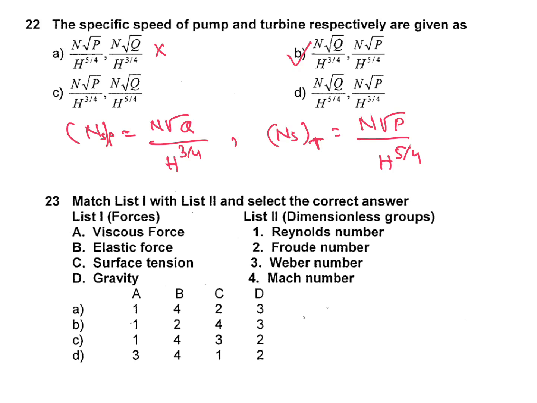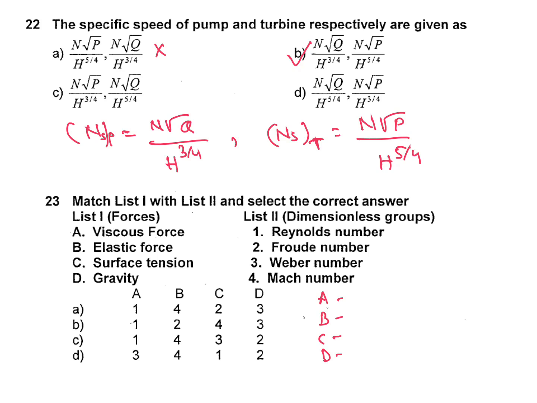Match list 1 with list 2 and select the correct answer. List 1 forces, list 2 dimensionless groups. This one already discussed. This is very important for all numbers. Viscous force is Reynolds number. Reynolds number is inertia force by viscous force.